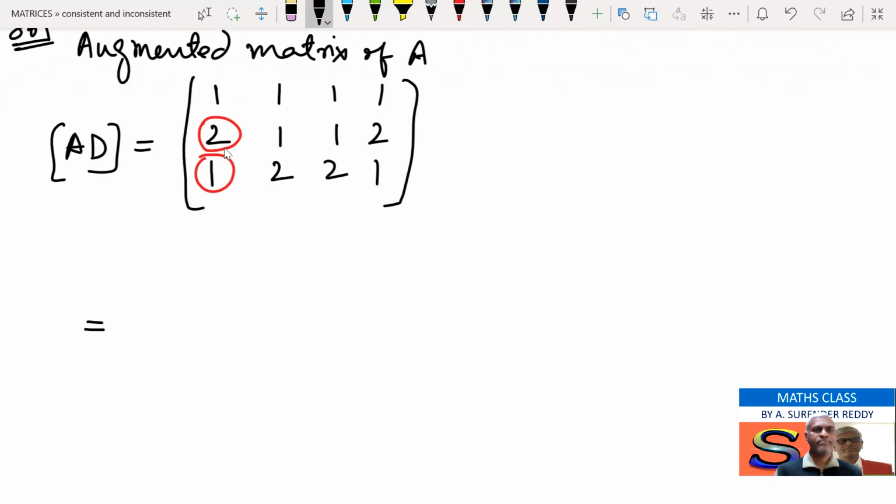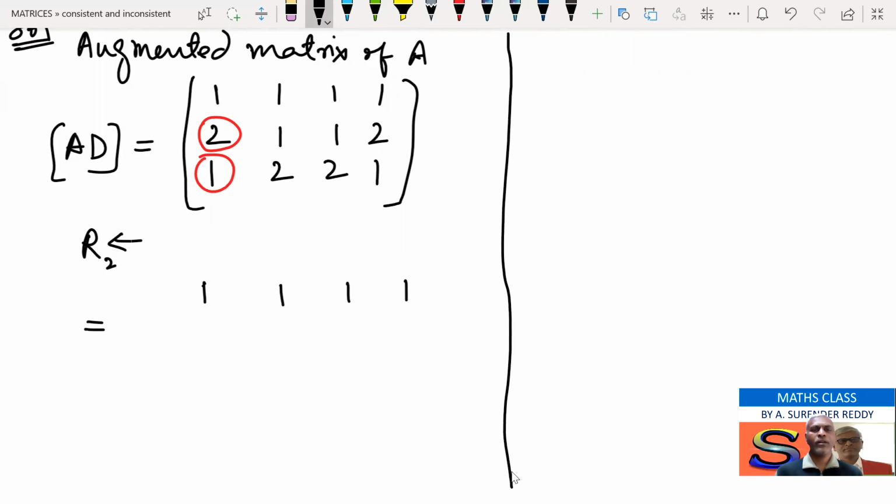So first write R1 as it is: 1, 1, 1, 1. No change in R1, the first row. And convert R2 by applying a suitable row transformation. R2 we have to change with the help of R1.